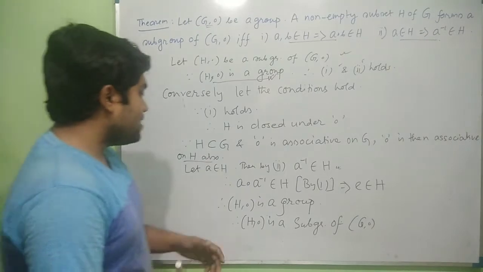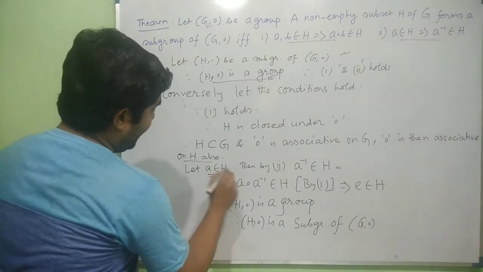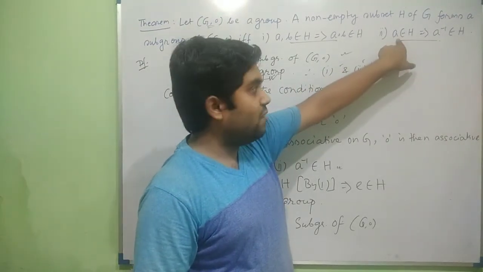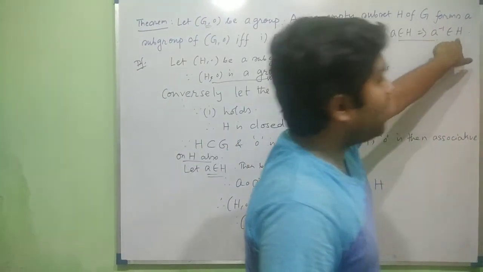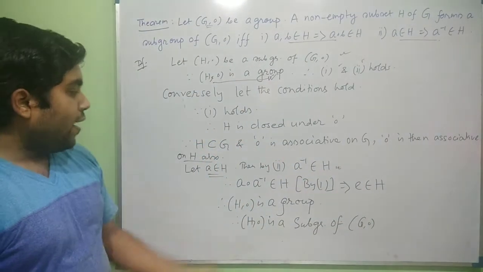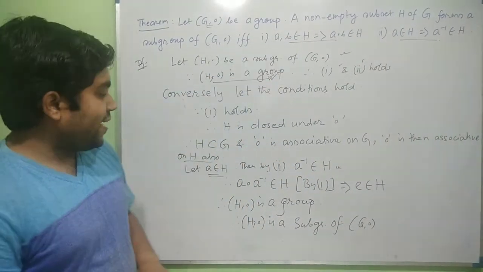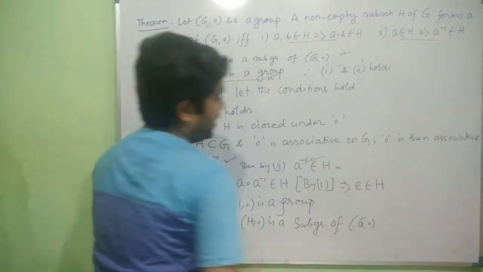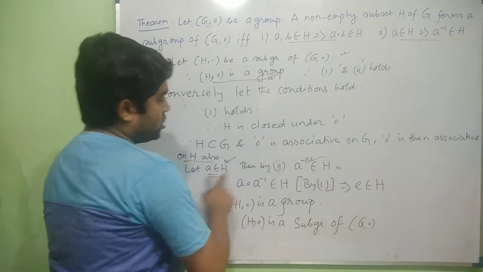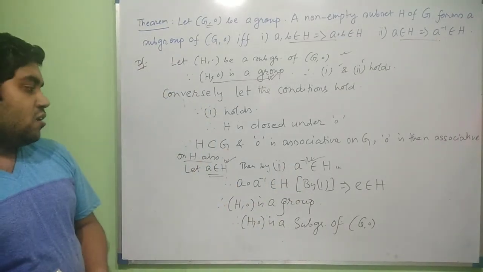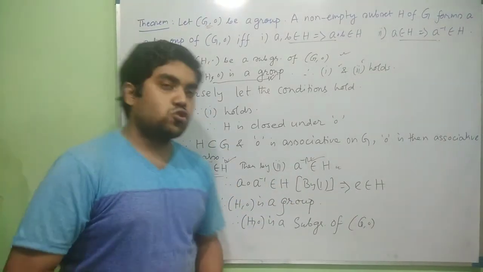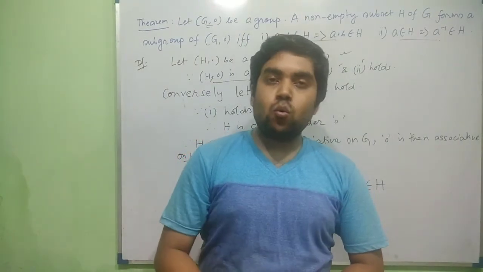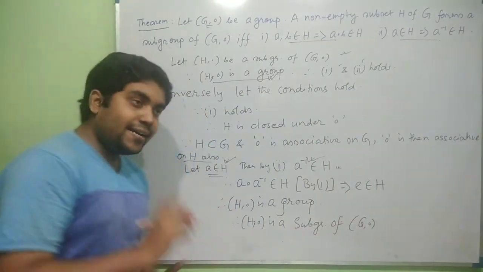Our next target is to find the identity element in the set H. For that we consider an element a in H. By condition 2, we know that if there exists an element a in H, then its inverse is also in H. Now, by condition 1, if a is in H and a inverse is in H, then their composition must be in H. So a ∘ a⁻¹ belongs to H, and we all know that a ∘ a⁻¹ equals e, the identity element.